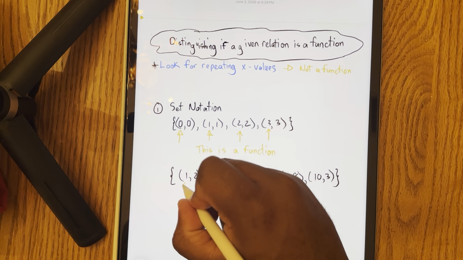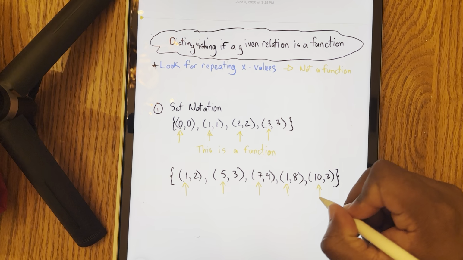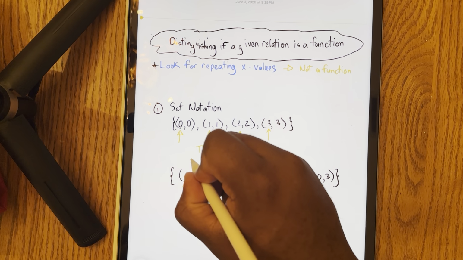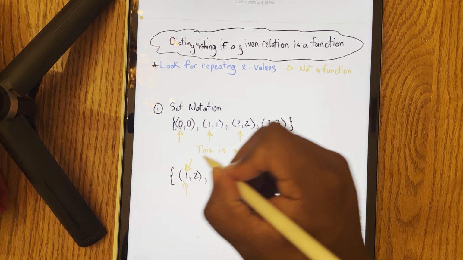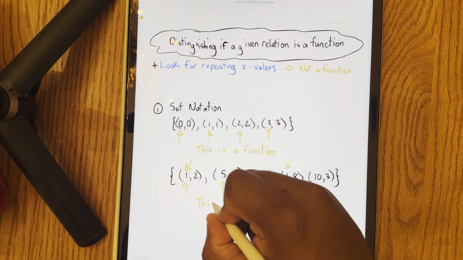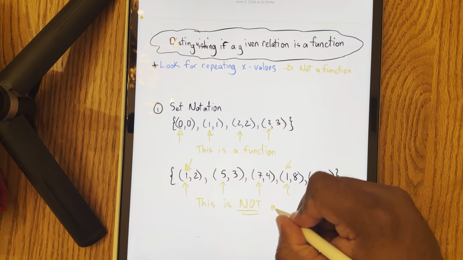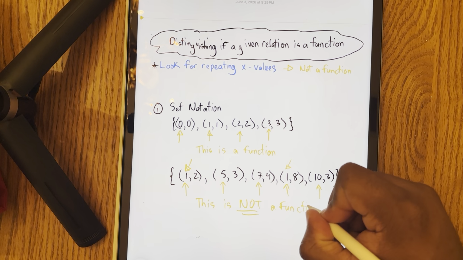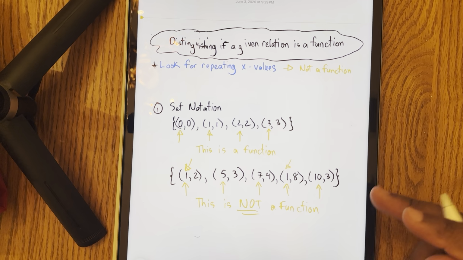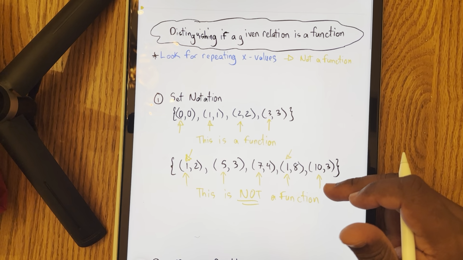Well, right off the bat, if I focus on just my x values, I see that there's a repeating x value, which tells me that this set of coordinates would not be a function. That's the only catch for set notation when looking for a function. All right, let's try a different category of problems.